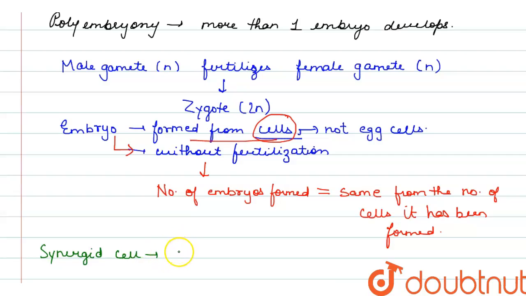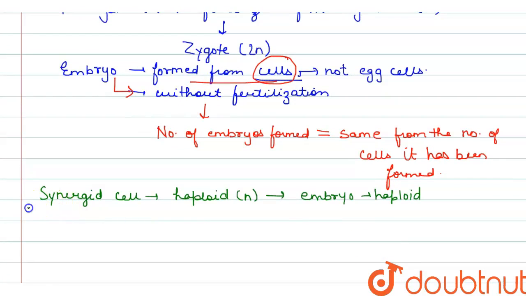So synergid cells are haploid in number, that is n in number. So the embryo that will be formed will also be haploid in number, okay. Now if we talk about nucleus, so nucleus is diploid in number, that means it has 2n chromosomes.